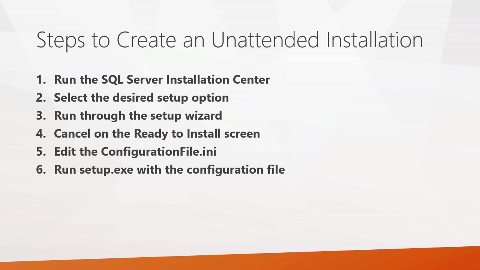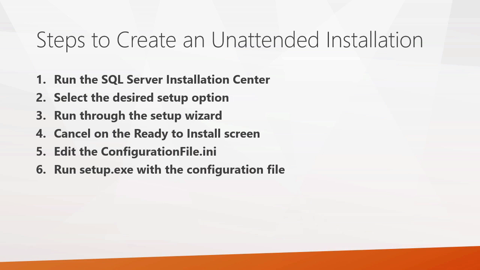So what are the steps that we need to perform? Basically, first, you run the SQL Server Installation Center just like you would if you were performing a manual setup. You go through the Setup Wizard screens, you select all the desired options that you want, and when you get to the end, on the Ready to Install screen, you'll notice there's a configuration file setting at the bottom.